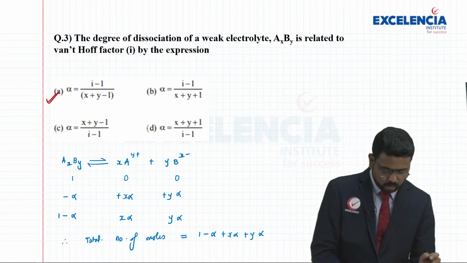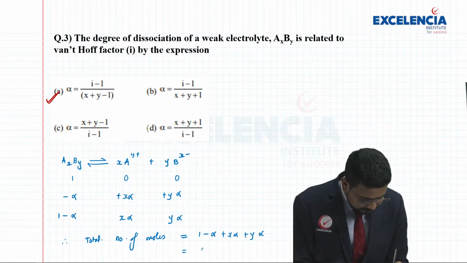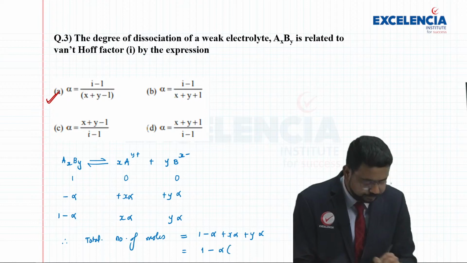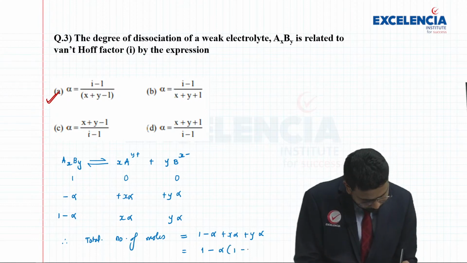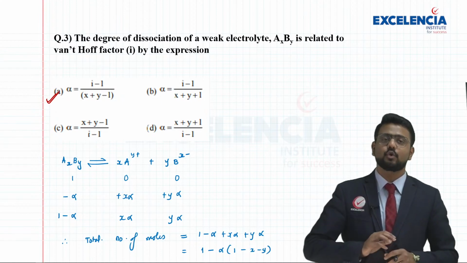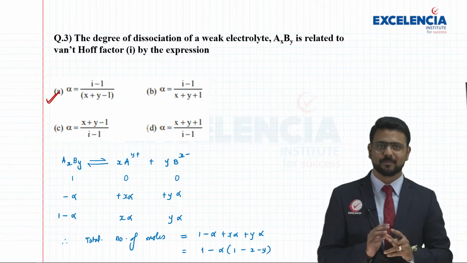So it is 1 minus alpha, 1 minus x minus y. So these are the total number of moles in the solution, right?